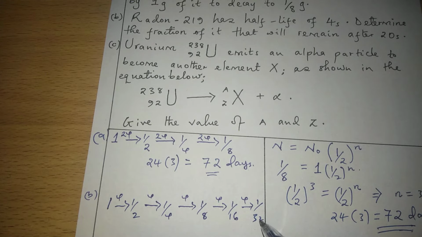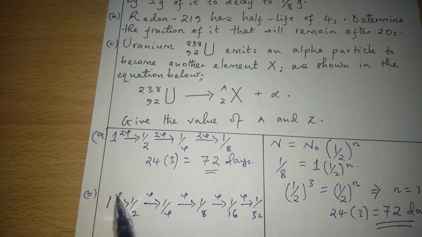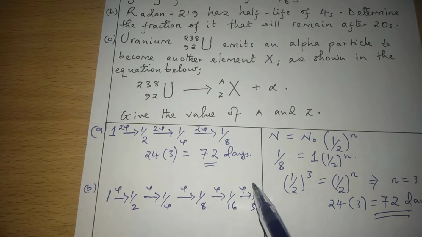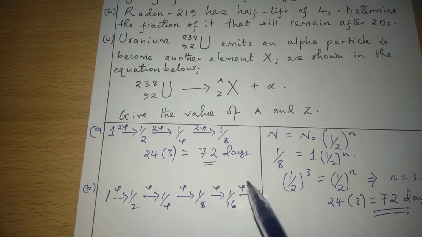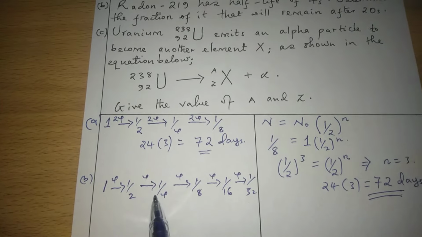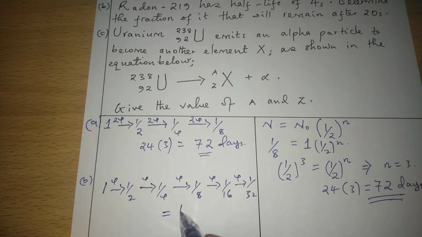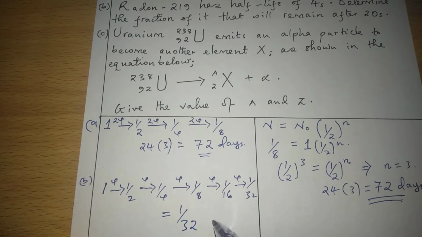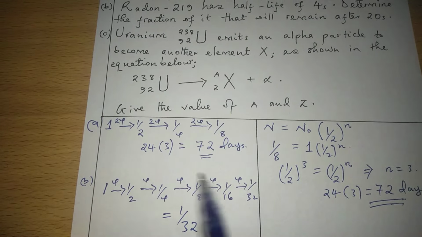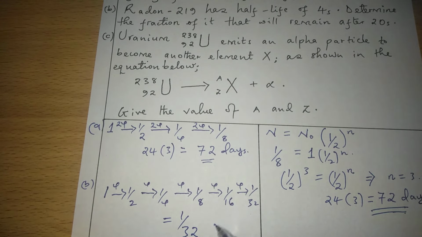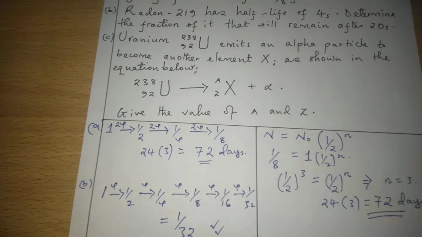So after 1, 2, 3, 4, 5 half-lives, each 4 seconds, this is 20 seconds. Therefore, after 20 seconds, the fraction is 1 out of 32. We are counting the number of half-lives until they give us 20 seconds.